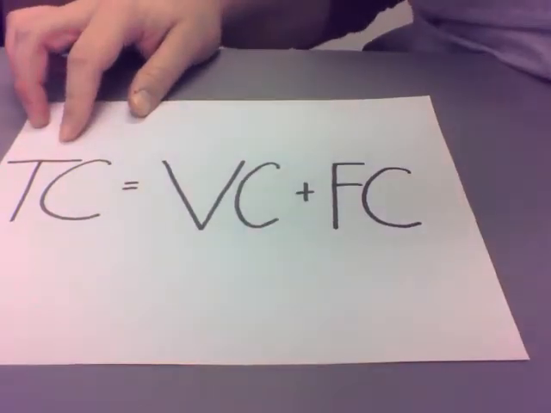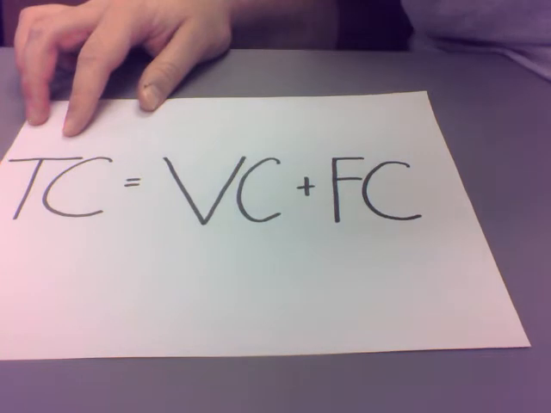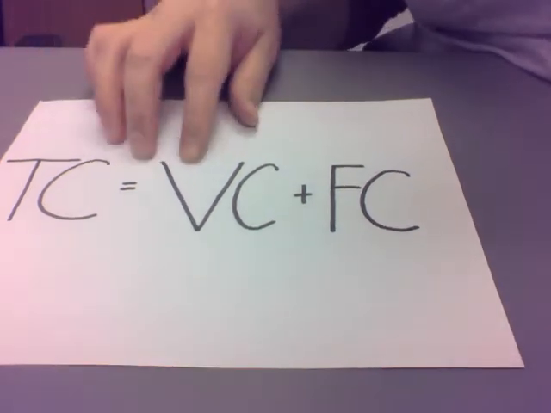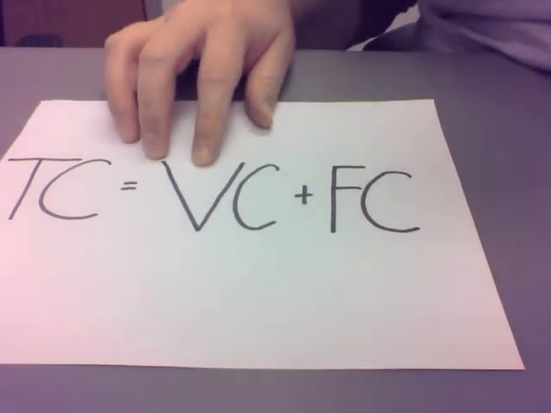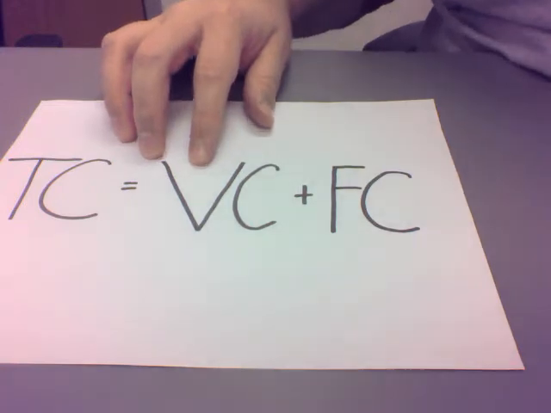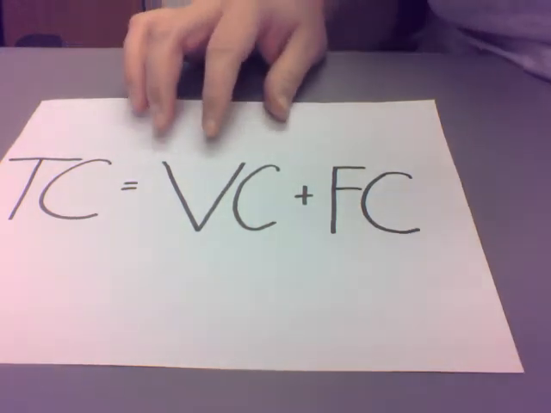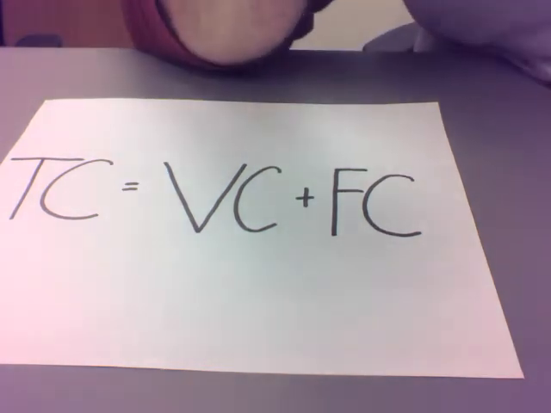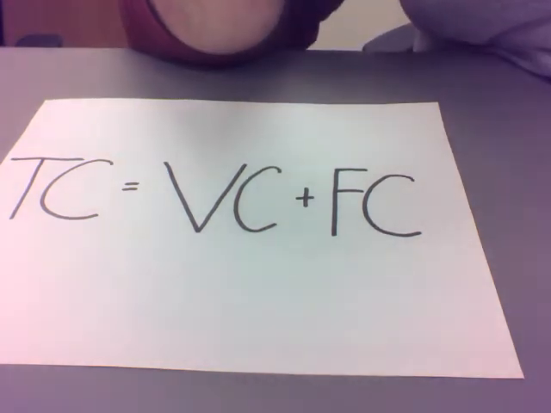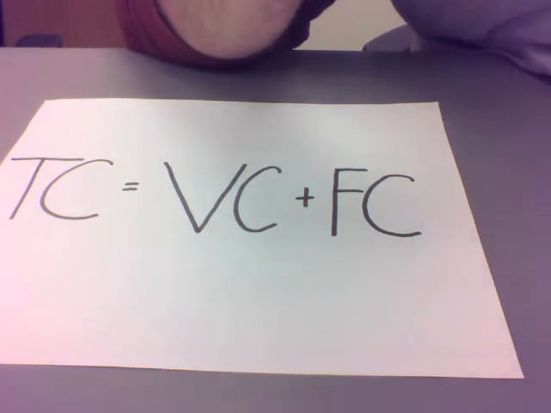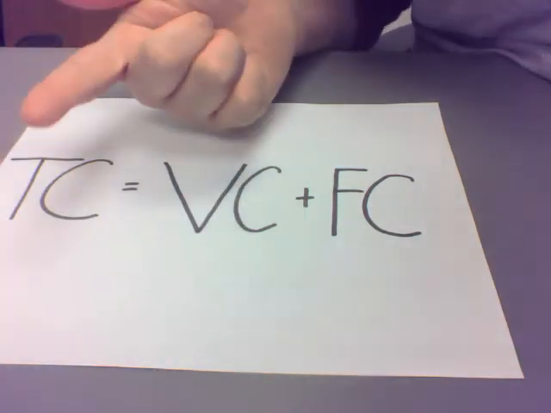So now that we've defined variable costs and fixed costs, how do we connect these two concepts back to our discussion about production from the last video? Well, if you remember, we assumed that we only had two inputs involved in the production process in our previous discussion. We assumed that we had capital and we had labor.